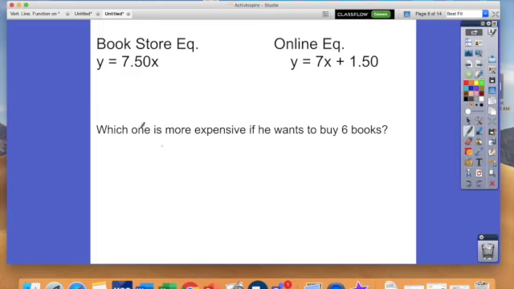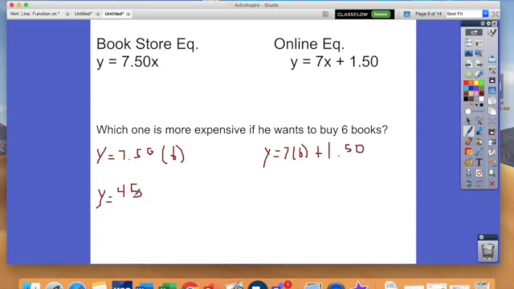All right, so let's see here. Let's do the first one. I got y, the in-person bookstore, $7.50 times 6. My second equation, y equals 7 times 6 plus 1.50. So that means the cost of the one on the left would cost me $45.